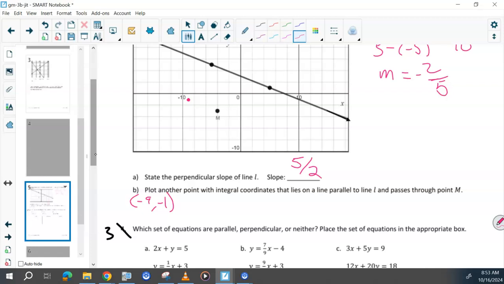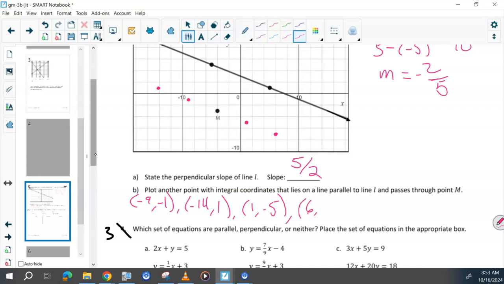Or negative 14, 1. Or I'll go the other way. 1, negative 5. Sorry. Yeah, that was right. 6, negative 7.